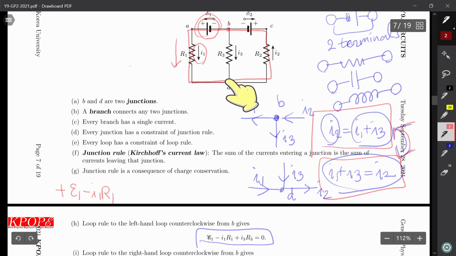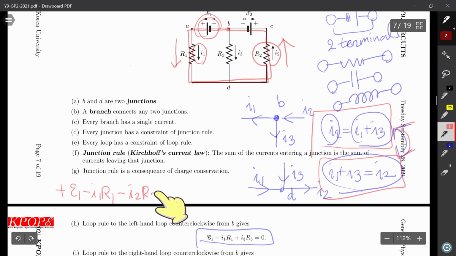And then all the way through here, you reach R2. Again, you follow I2, so minus I2 R2. And you go ahead to cross this battery, but the direction is decreasing the potential, minus E2, and we return to the same point, so it equals 0.